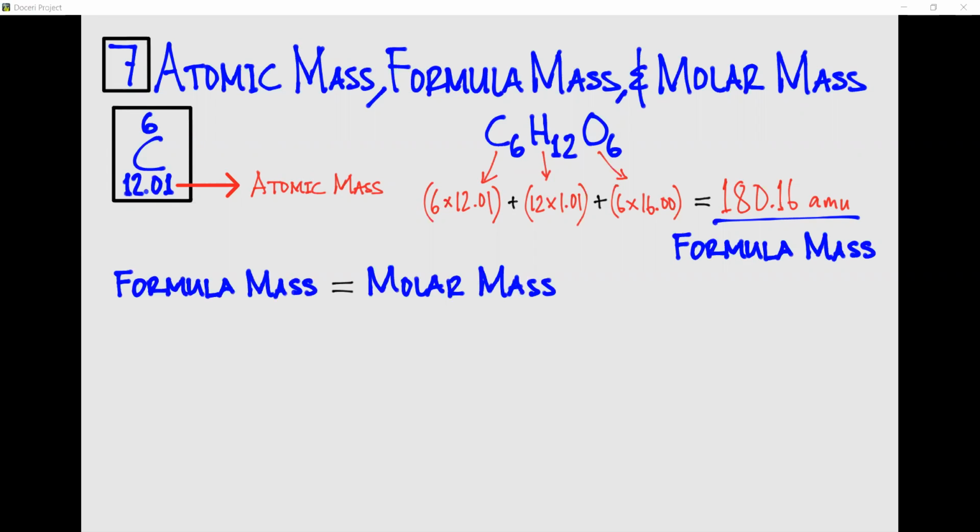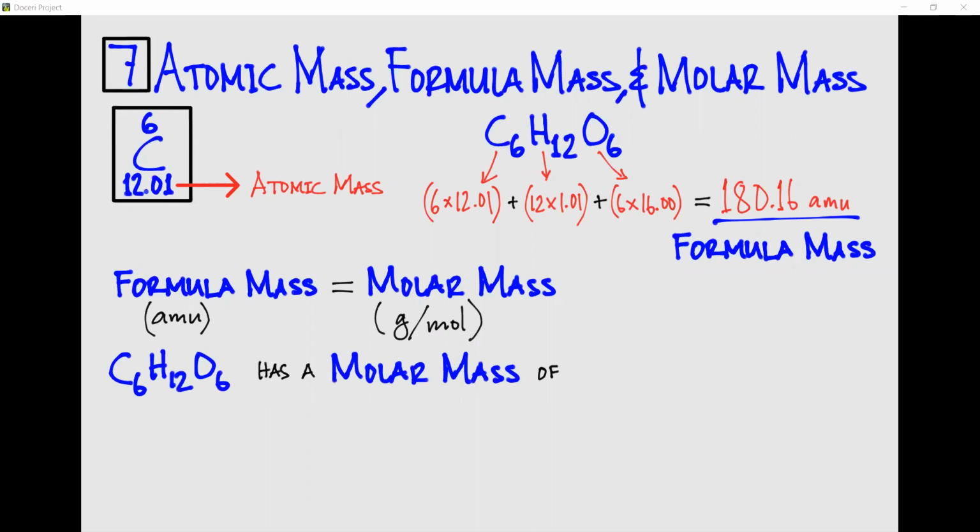You also learned that formula mass is actually the same as the molar mass numerically. Okay, the only difference is the units. For formula mass, the unit is in AMU, atomic mass unit, but for molar mass, it's in grams per mole. Okay, molar mass is in grams per mole.